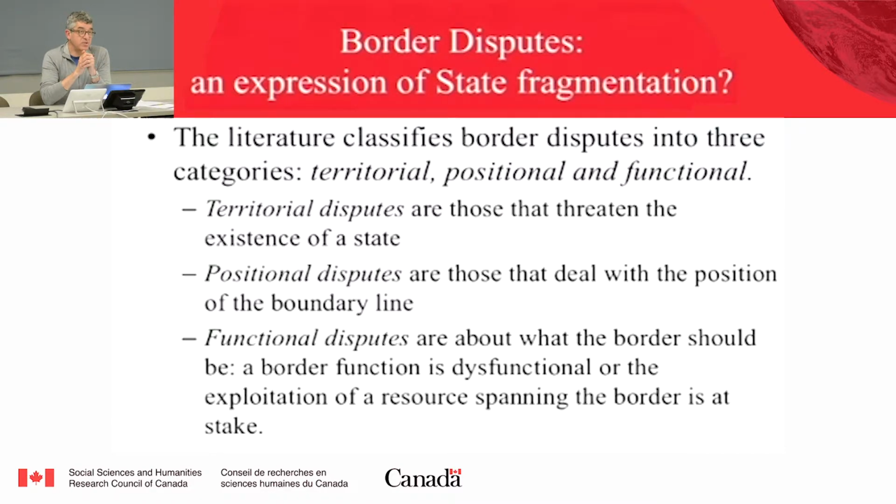The positional dispute is very different. The history of the positional dispute comes from the existence of treaties, or the inexistence of treaties, but very often it is based in the existence of treaties that are not clear. And the reason is that we didn't always have the technology to basically mark the ground in such a way that we knew exactly where the boundary line is.